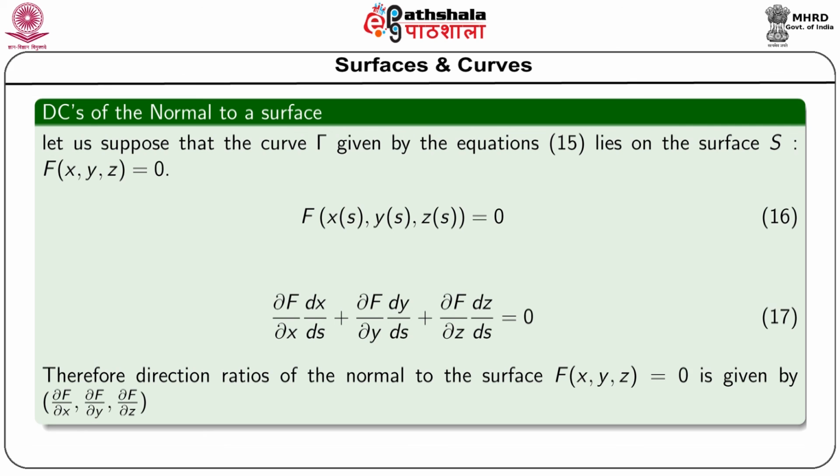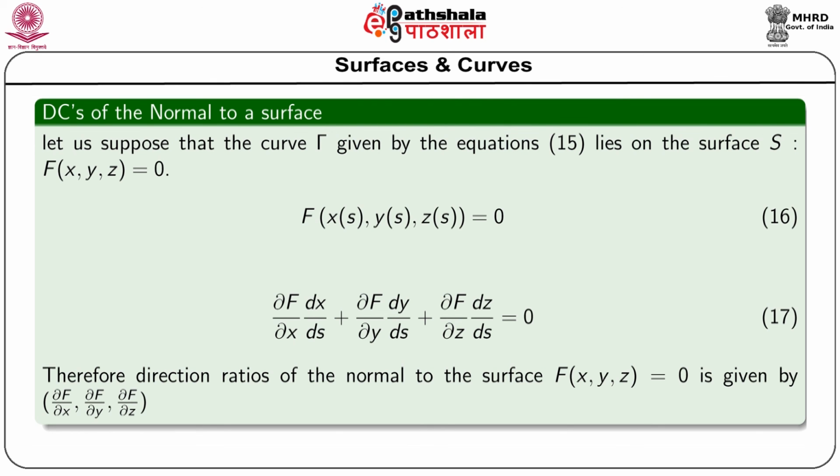In this equation we can observe that dx/ds, dy/ds, dz/ds represent direction cosines of the tangent to the curve gamma at the point x, y, z. Therefore, del f/del x, del f/del y, del f/del z represent direction ratios of a straight line which is perpendicular to the tangent to the given curve gamma at x, y, z.